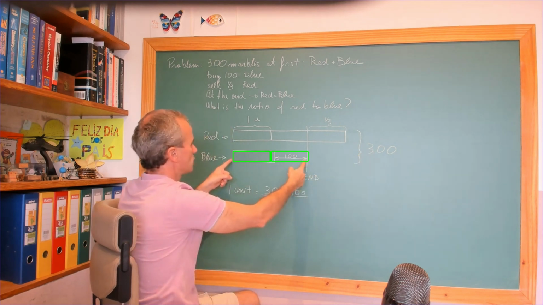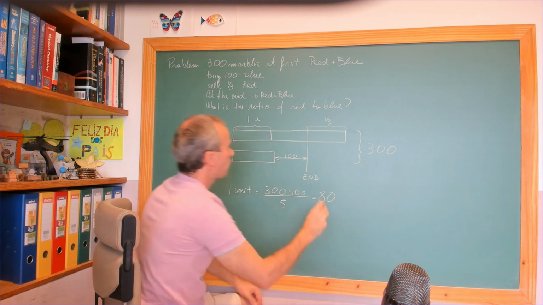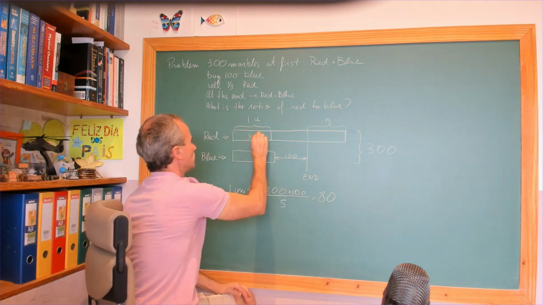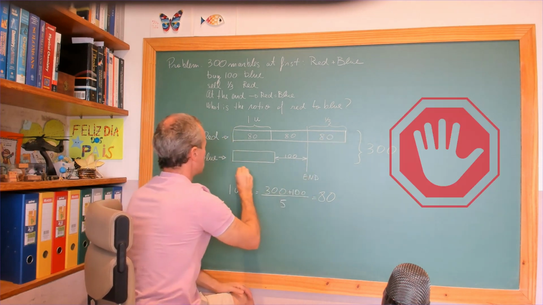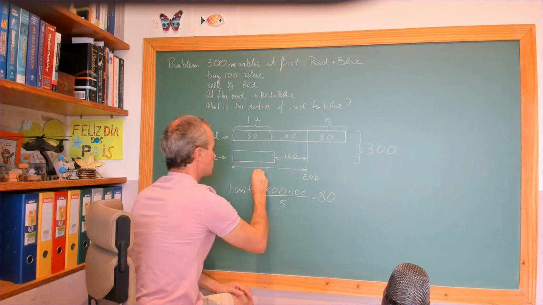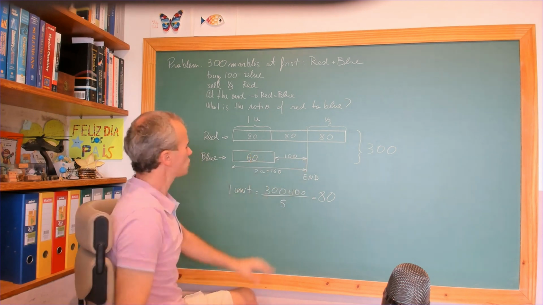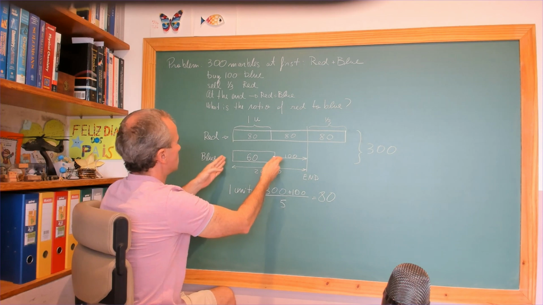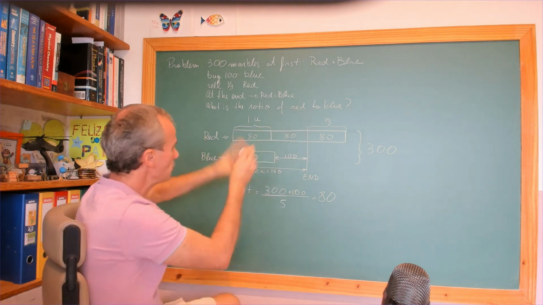Those are going to be 2 units plus 3 units, which is 5. So 400 divided by 5 is 80. I found my unit. This is 80. Is this 80? No way. What I know is that this is 2 units, which equals 160. If this is 100, clearly this is 60. Like I told you, this should be smaller, but I'm not worried about the proportion of the rectangles. I'm just worried about the numbers themselves.